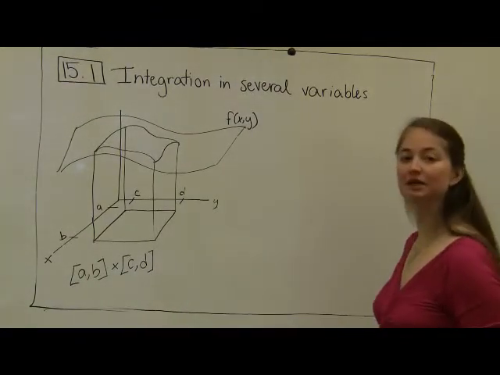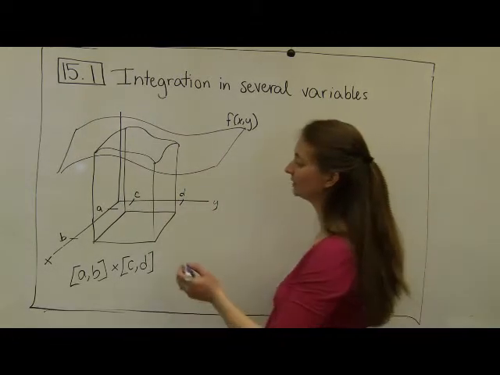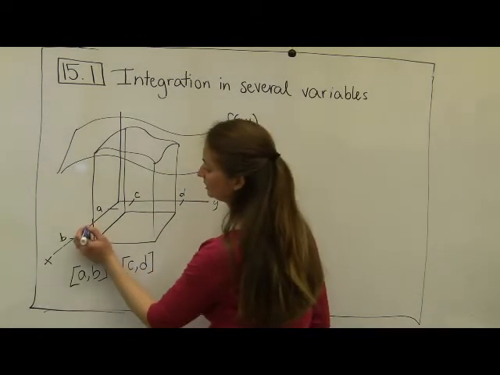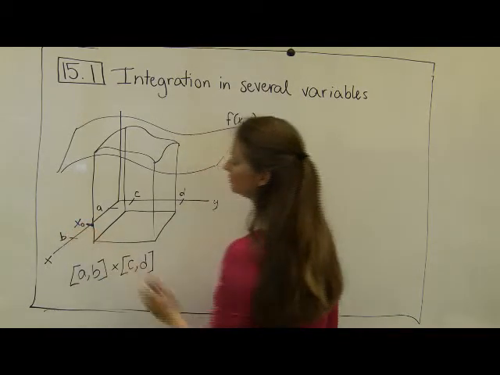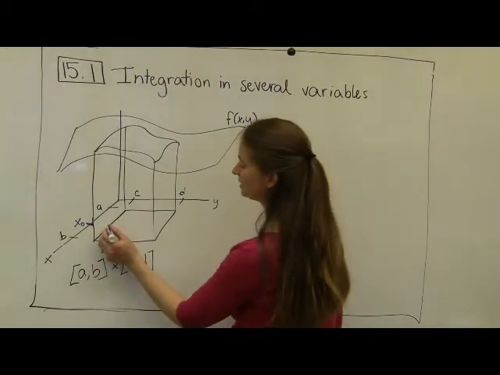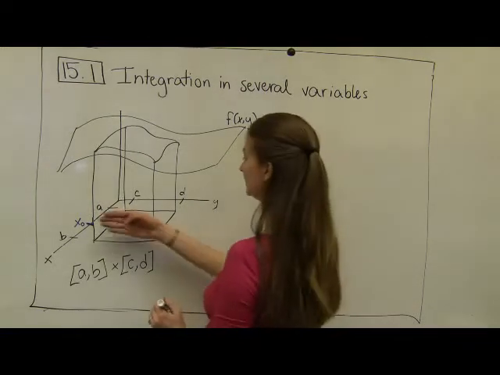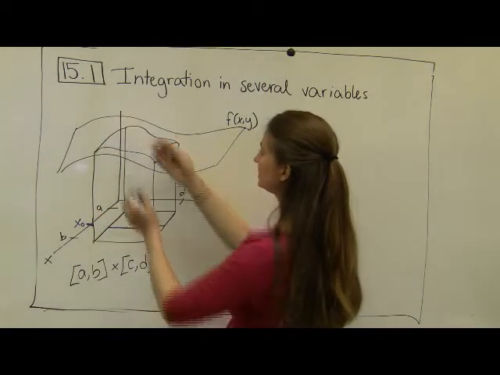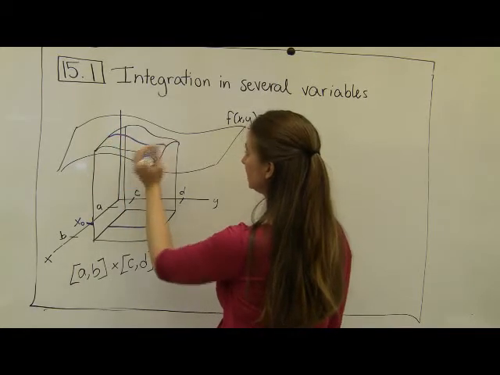So one way that we can think about computing what's going on with this integration is I can think about setting x equal to a constant. So let's think about if I were to set x equal to some x naught and slice a thin slice out of the volume of this region. What happens? I'm setting x equal to a constant. I'm going to slice. It's going to be a vertical trace where x is equal to some constant.